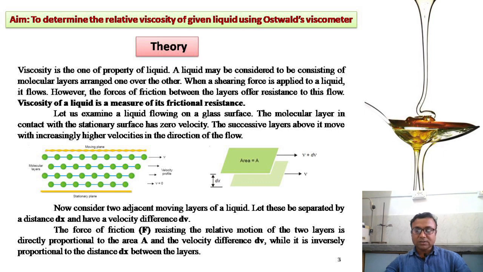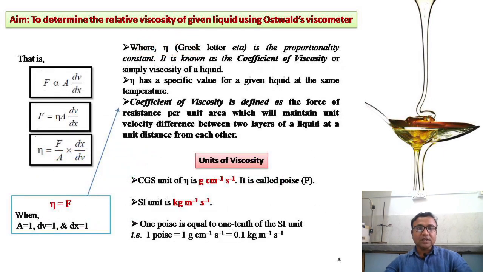So this is the theory of the experiment. Mathematically, this frictional force is directly proportional to the area of cross section and the velocity difference, and inversely proportional to the distance of separation between the two molecular layers.